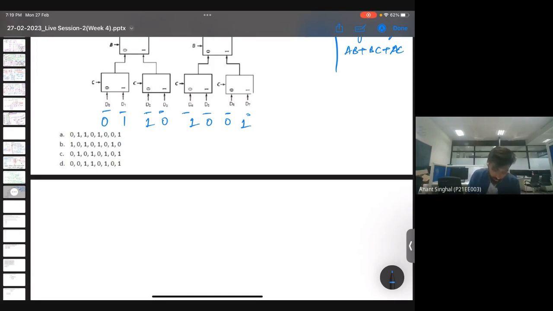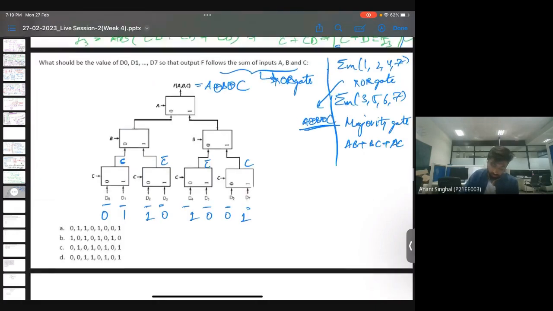So 0 is getting 0 and this is C, then C bar. Again this is C bar and this is C. Is this step clear? Please respond if it is clear.